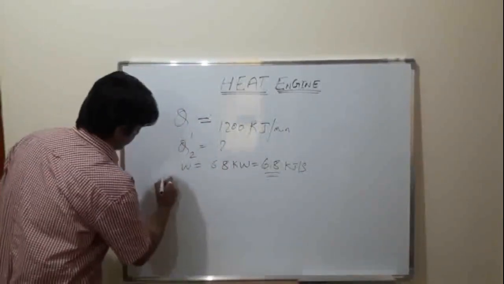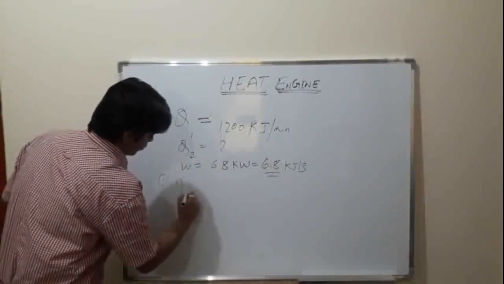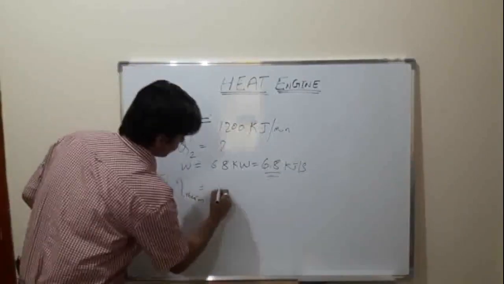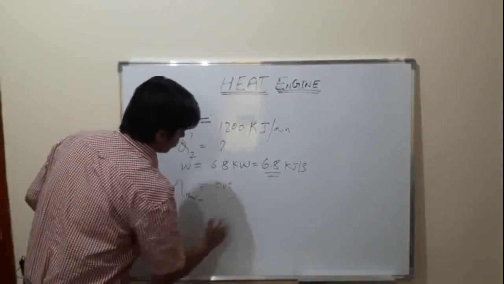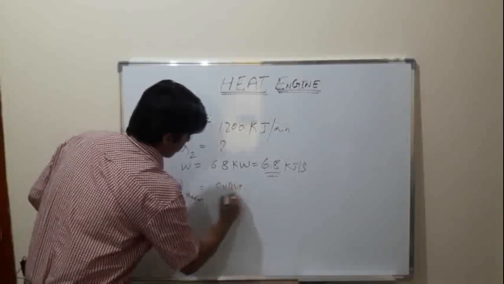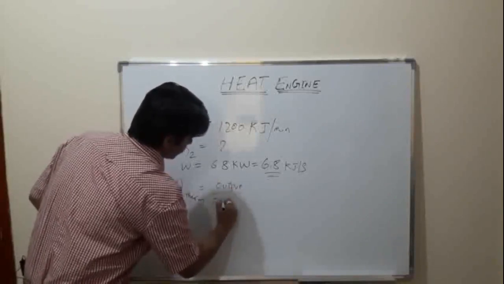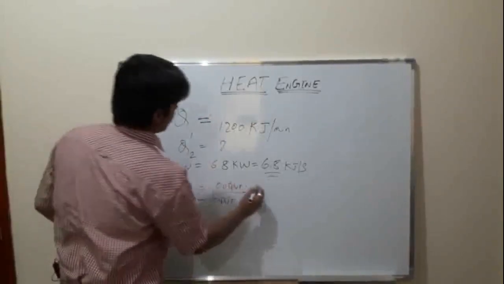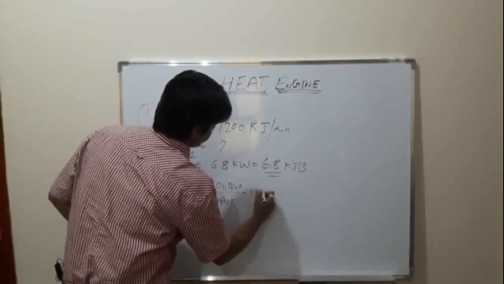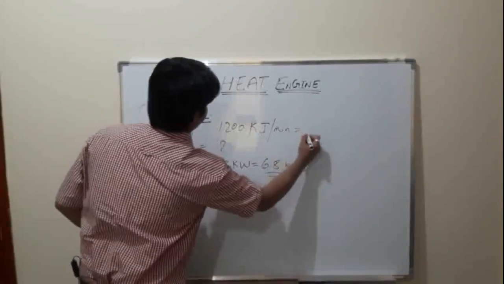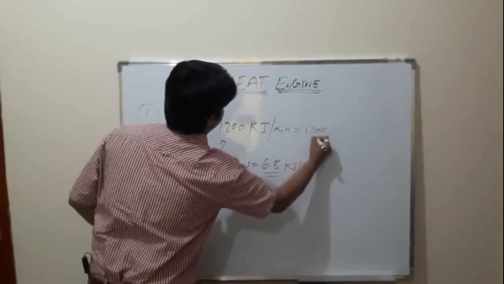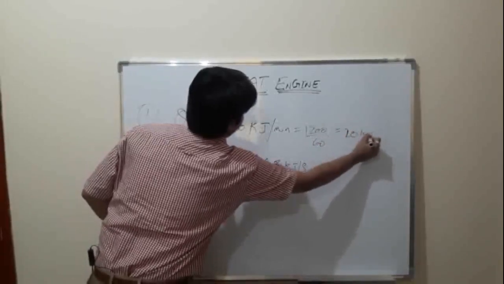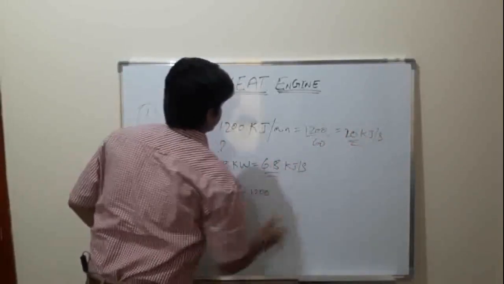First, thermal efficiency equals output by input, that is 1200. You can also convert it into kilojoules per second, that is divided by 60, equals 20 kilojoules per second.